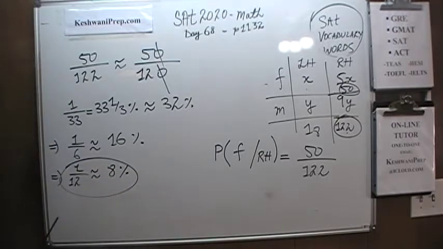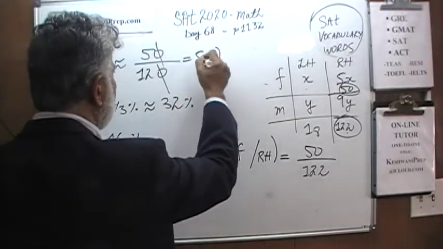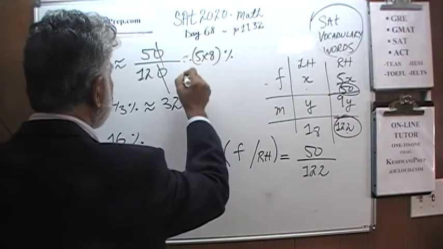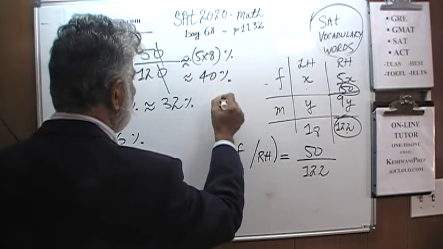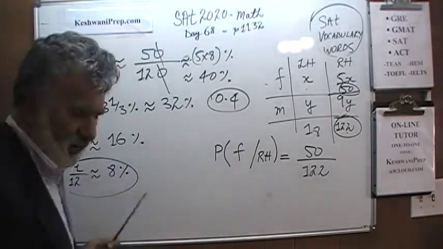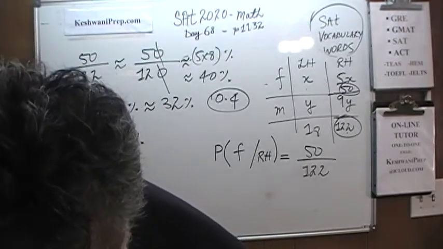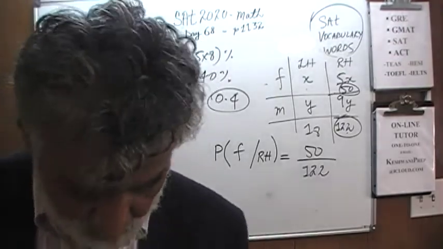This is just an approximation. If 1/12 is 8%, 5/12 must be 5 times 8%. It should not be an equal sign, it should be approximately 40%. We're looking for 0.4. We're looking for an answer choice that is about 0.4. And if you look at the answer choices, there is only one, which is A.